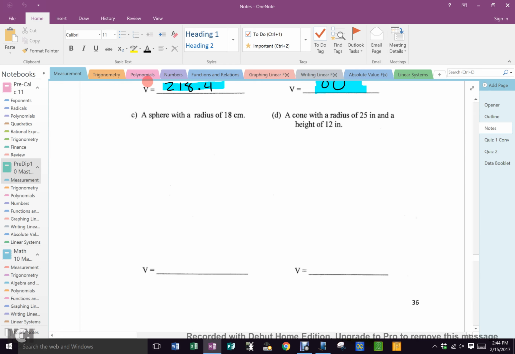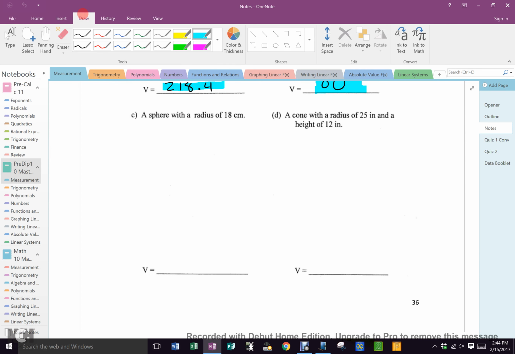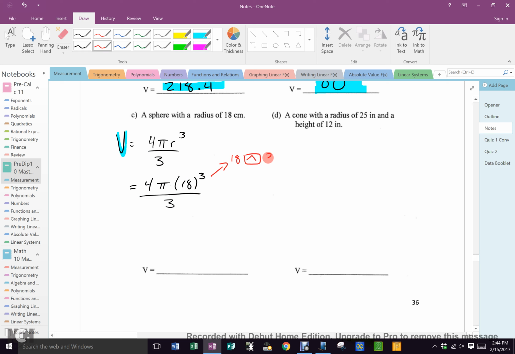So, volume of a sphere. Sphere volume equals 4 pi r cubed over 3. So 4 pi 18 cubed over 3. Now 18 cubed you do on your calculator by doing 18, then whatever your exponent button is, and 3.